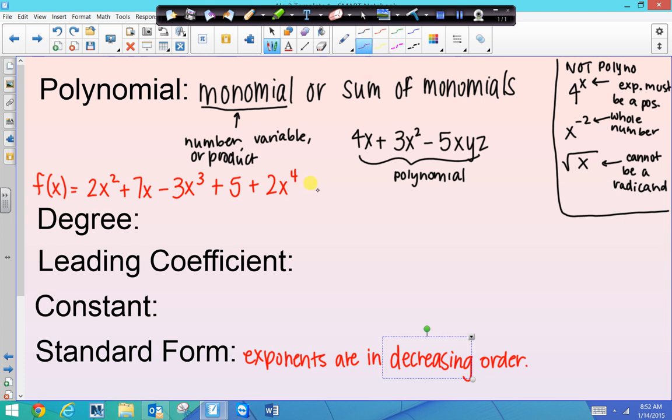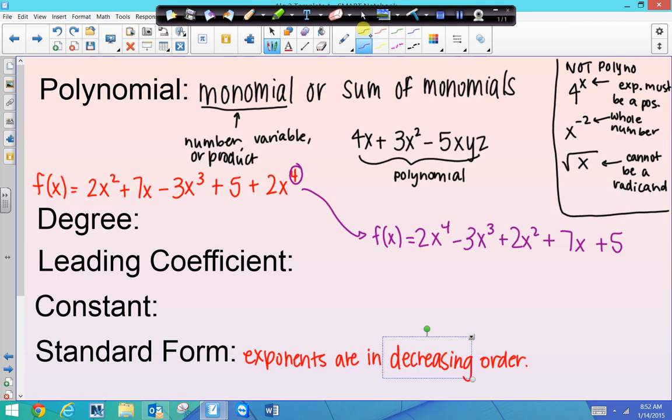So this function up here can be written as, the highest exponent would be this 4, so 2x to the fourth minus 3x to the third plus 2x squared plus 7x, and then plus 5, because 5 doesn't have a variable on the end.